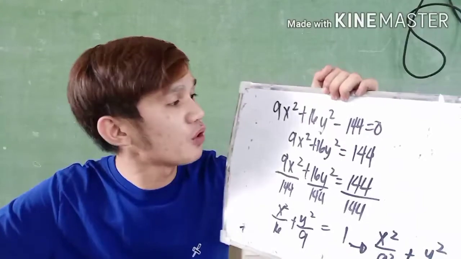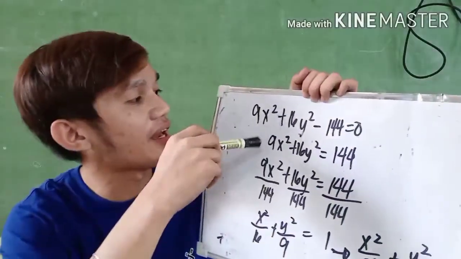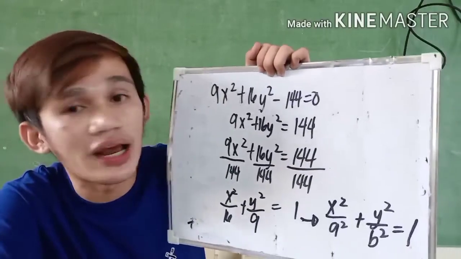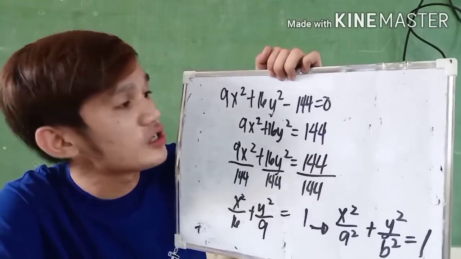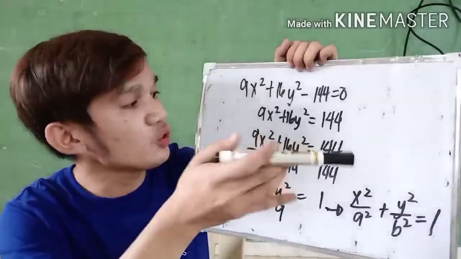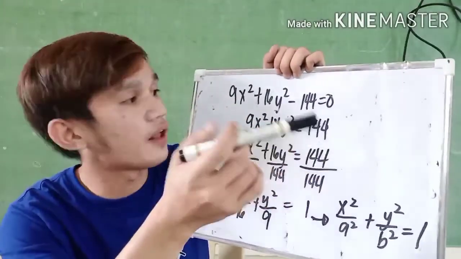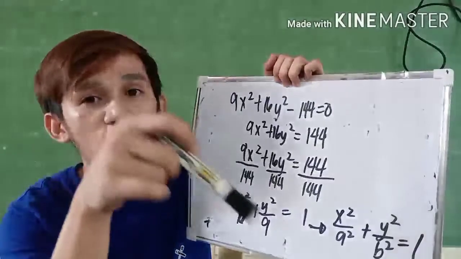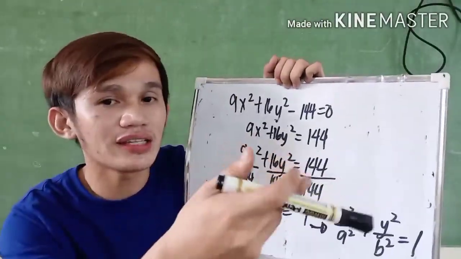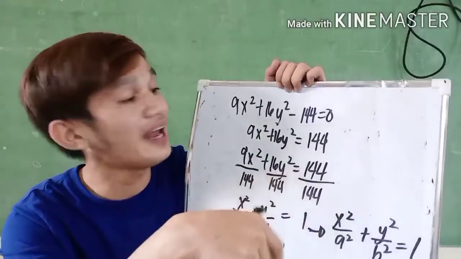So like for example, you have here the given 9x squared plus 16y squared minus 144 is equal to 0, which is written in general form. So you are going to convert this first in standard form para po malaman ninyo kung ano-ano po ba yung coordinates, yung endpoints ng ating mga hinahanap.